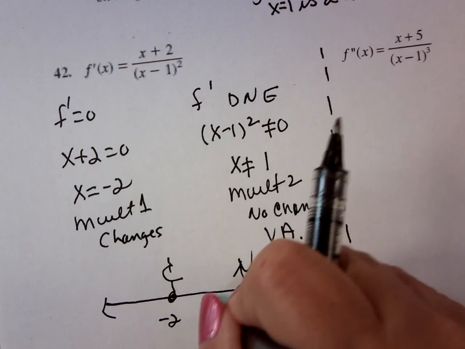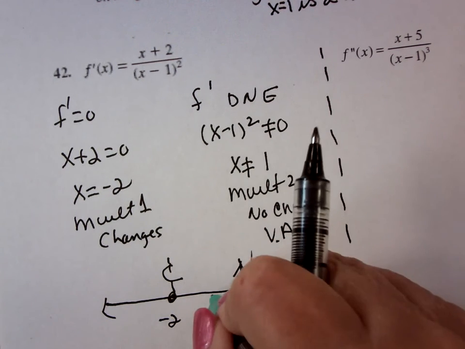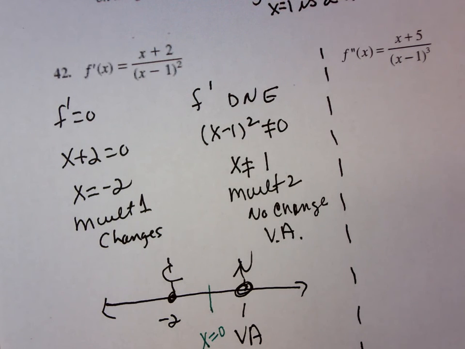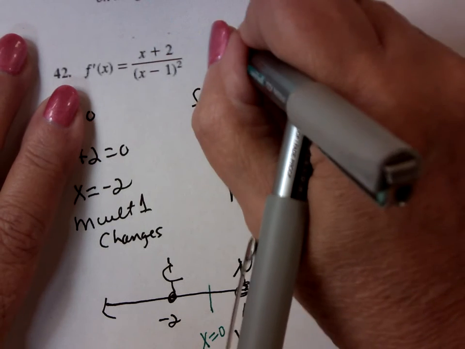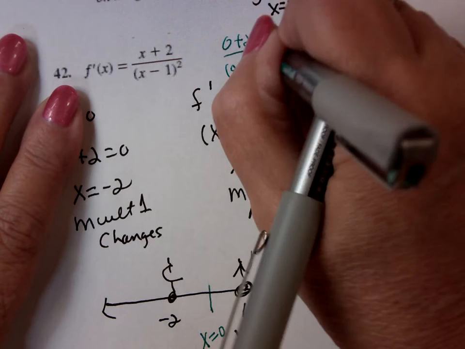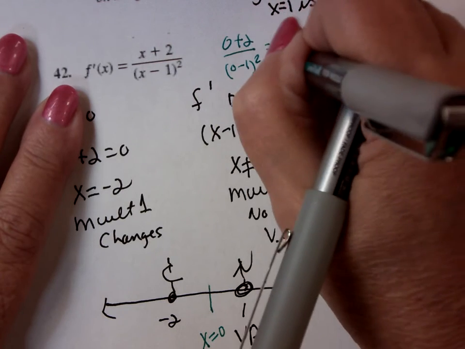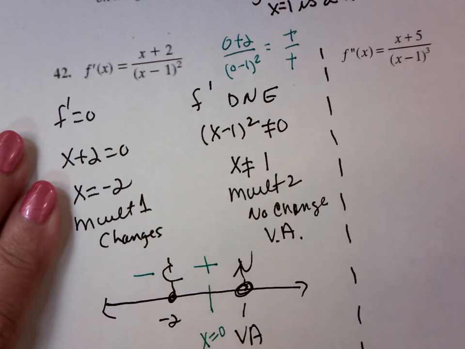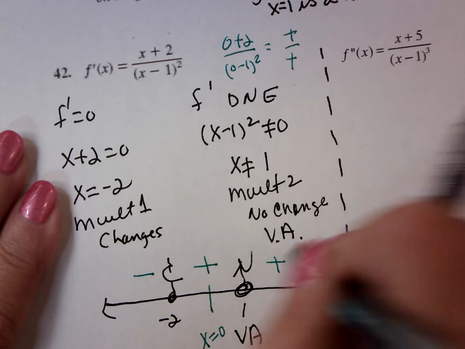So now I can put in my favorite number, x equals 0, as my test point. I test 0 plus 2 over 0 minus 1 squared. That's a positive divided by a positive. So positive, change, negative, no change, positive.